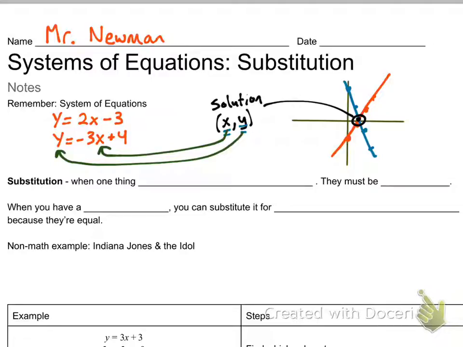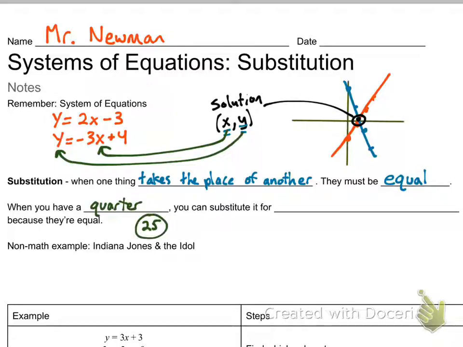You guys have heard this word before, maybe in basketball or in terms of a substitute teacher. Substitution is when one thing takes the place of another. And those two things that are taking the place of each other, in math, must be equal. Otherwise, it won't work. For example, you can substitute a quarter and trade it for 2 dimes and a nickel.